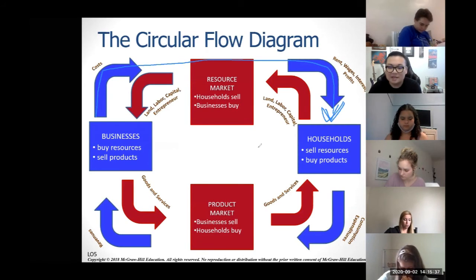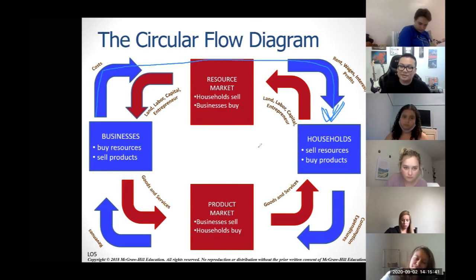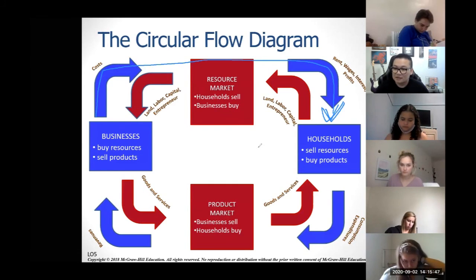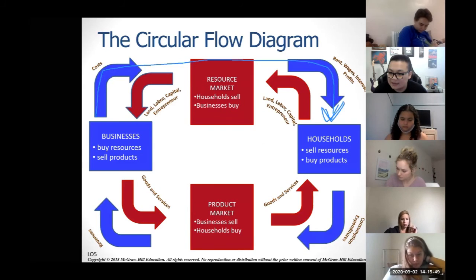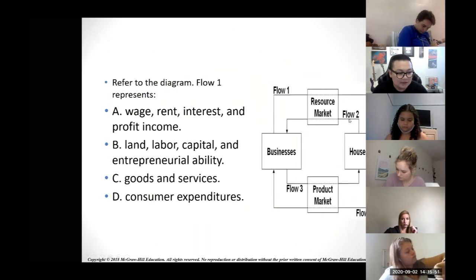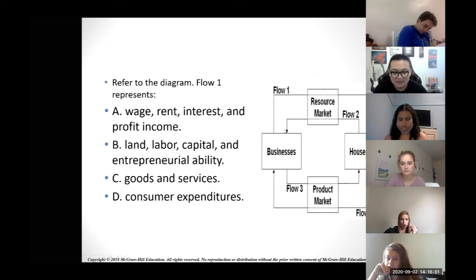It's asking you, what can the household get from the business through the resource market? So let's go back there. The answer should be what? Now you can tell me, right? In this case, what's flow one?